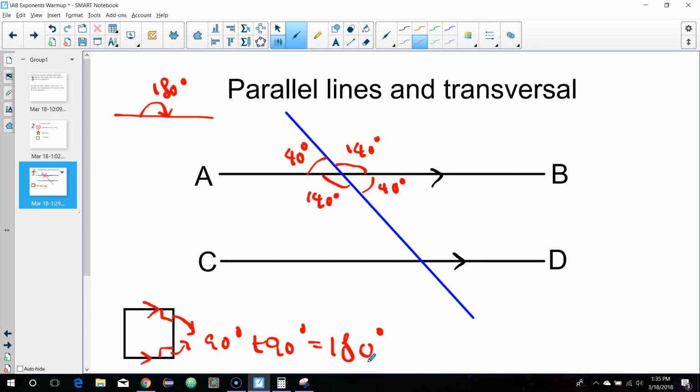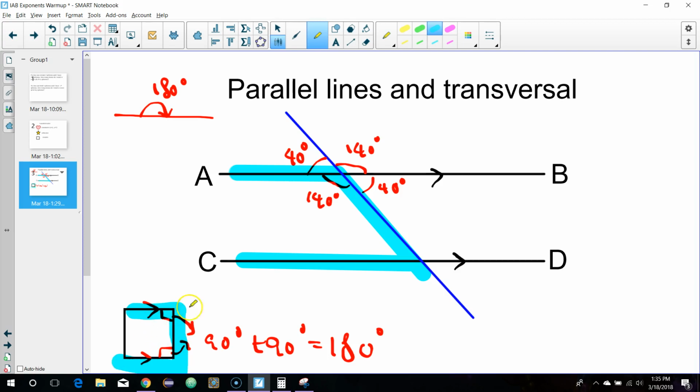Now, this is going to apply to this portion of your graph. This one. This is just like your rectangle. This corner is exactly like that. It has the same scenario. I have a pair of parallel lines, I have a straight line going through it, and that straight line is what we call a transversal. So it should have the same scenario. If that's the case, that means these two will add up to 180.